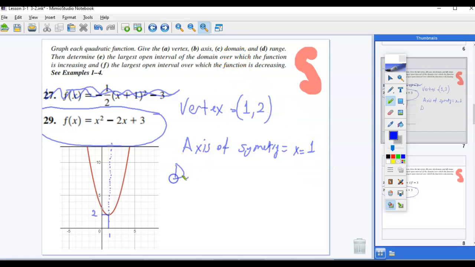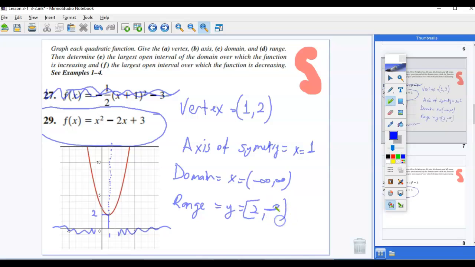And domain should be, as you see, it's gonna cover all those x numbers. So it's going to be all real numbers from negative infinity to positive infinity. But range, there is a restriction on this one, right? Range was y. This graph will cover those y numbers as you've seen. So you start at 2 and go up forever, right?